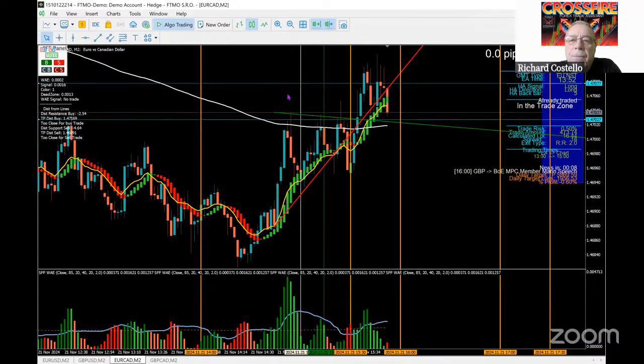And you see that this would just about have taken me out even on a 5 pip stop loss. So maybe we need to consider that, but this is why we're still in testing mode. We need to find out what works and what doesn't work, and everybody is different.